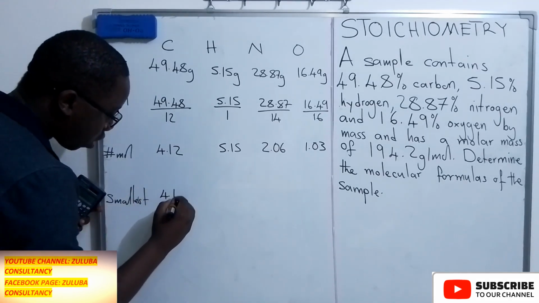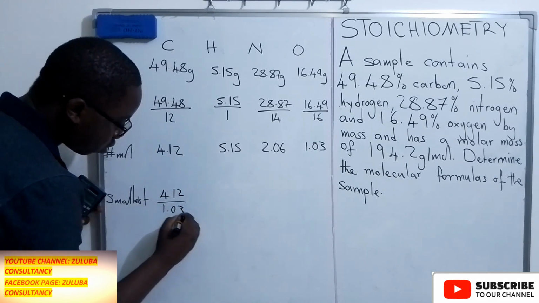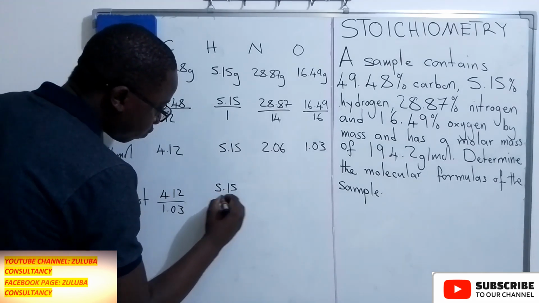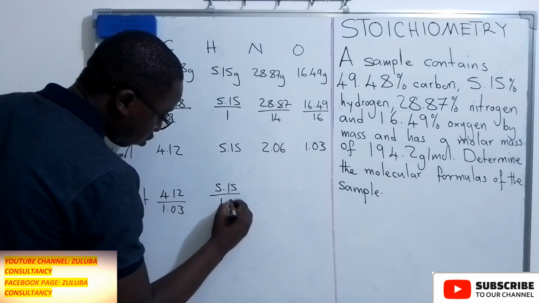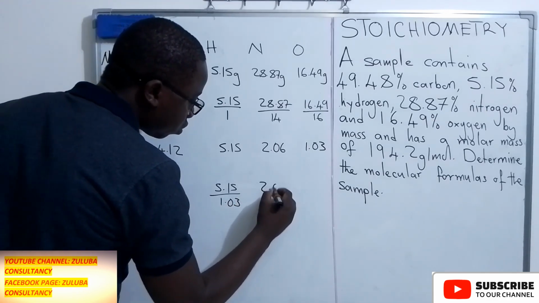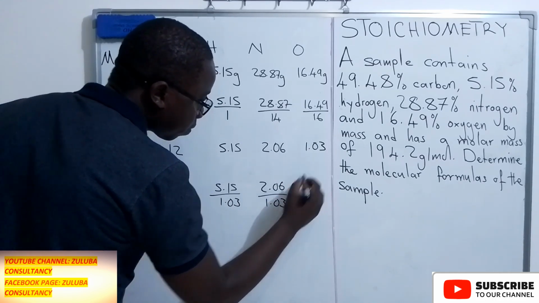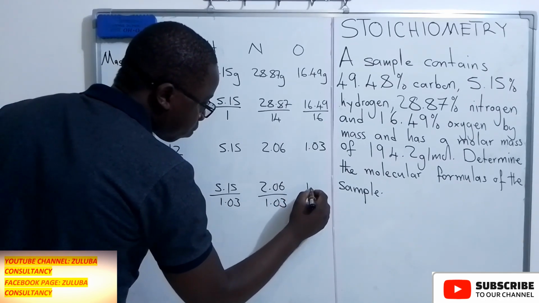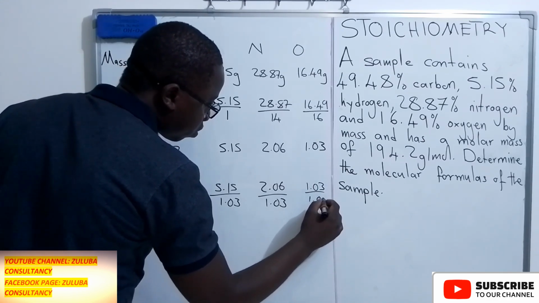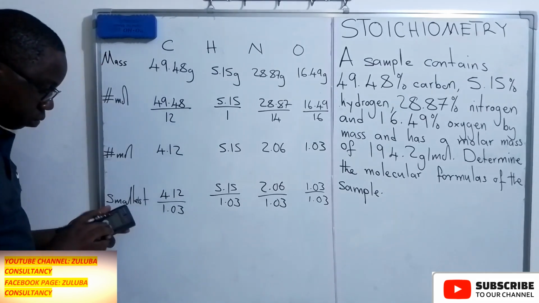So we have 4.12 divided by 1.03, then 5.15 divided by 1.03, and 2.06 divided by 1.03, then lastly 1.03 divided by 1.03.